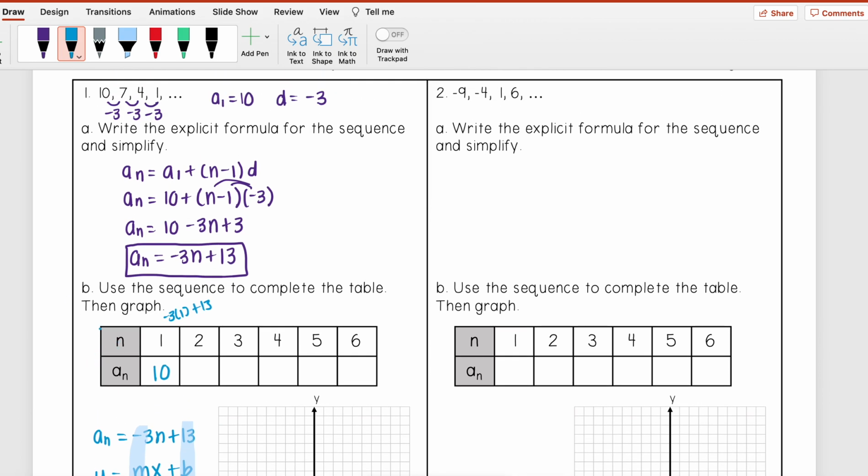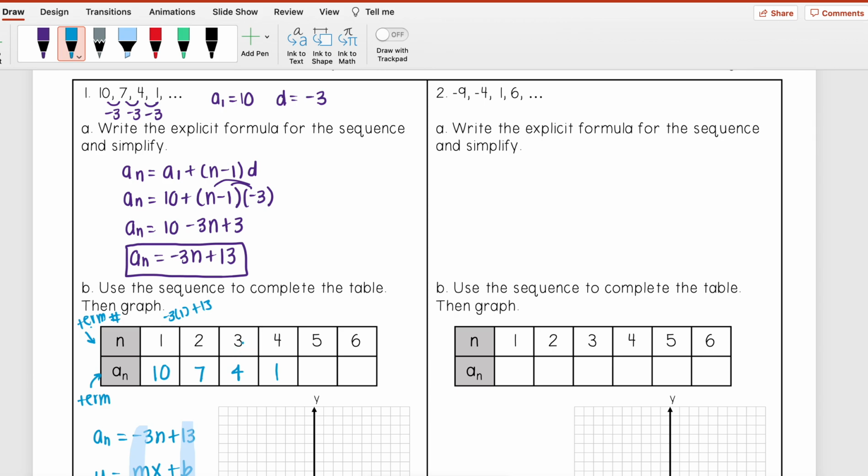Because remember, n stands for the number term, or term number, and then an stands for the actual term. So reading this, it says that the first term is 10. Now the second term is 7. The third term is 4. And the fourth term I see is 1.